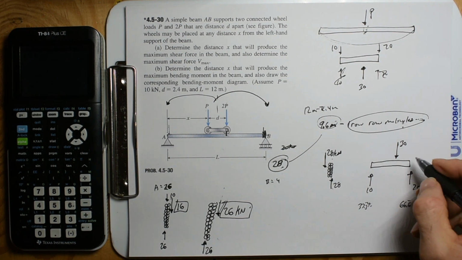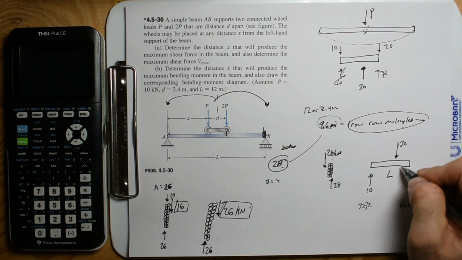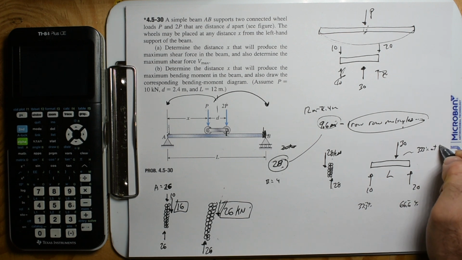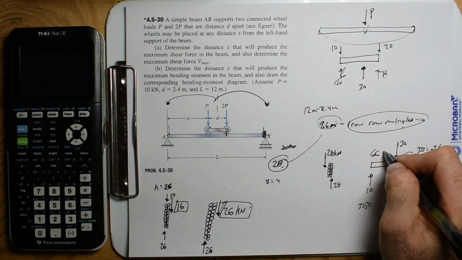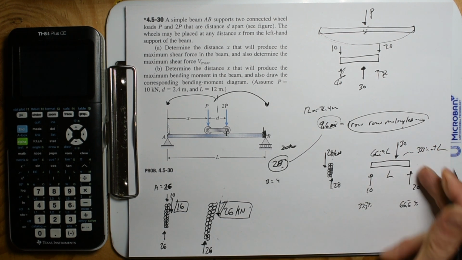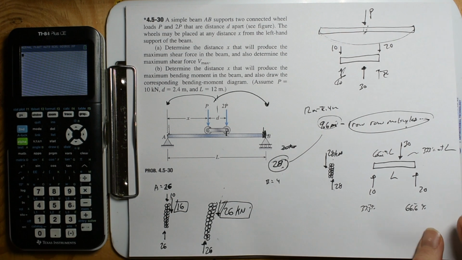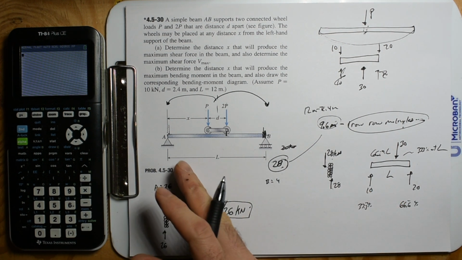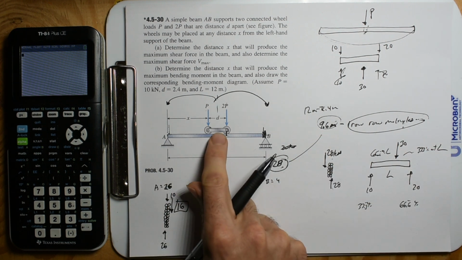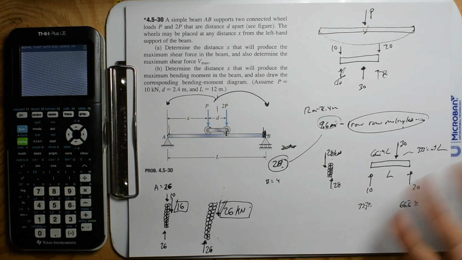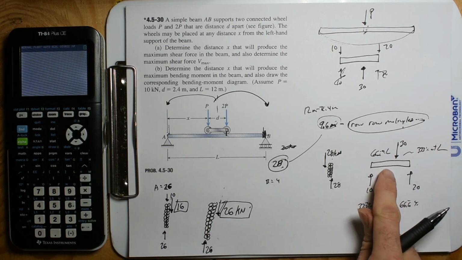If this is L, this would be 33.3% of L, and this would be 66% of L. So I think that is going to be a place that gets the most juice. Let's run through that and see if that's the case.